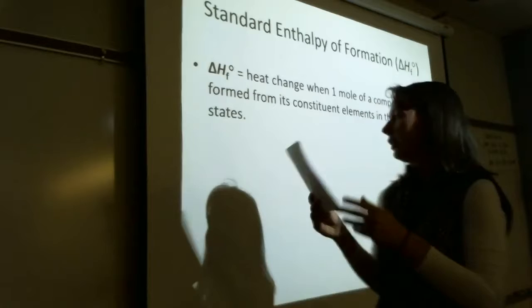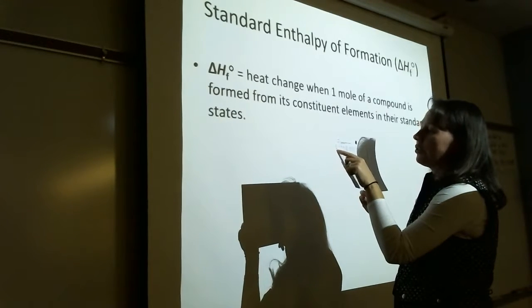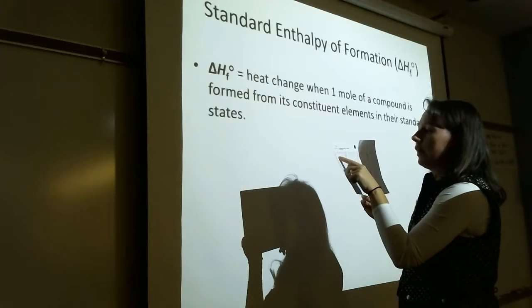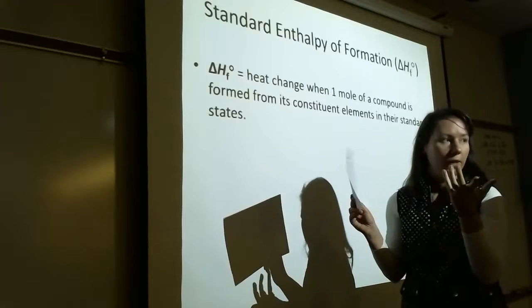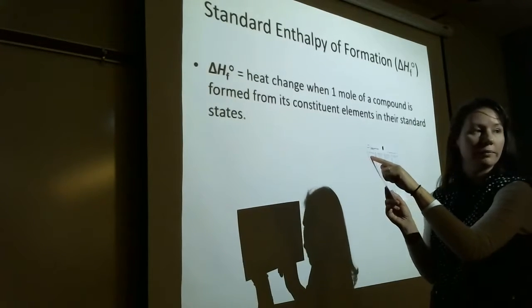All right, so if you're looking at your handout, let's just look at your handout together. Start at the beginning, aluminum, right? Al solid. Its delta H, that's the first column, is 0, right? Any pure element in its most stable form is going to have a delta H of 0, okay?